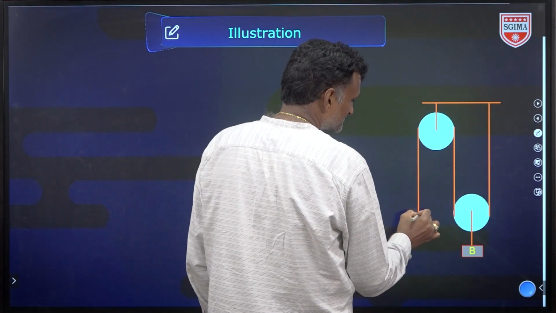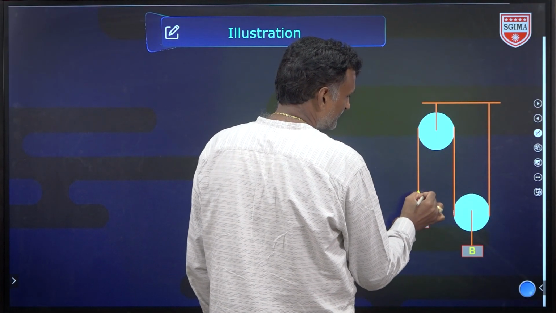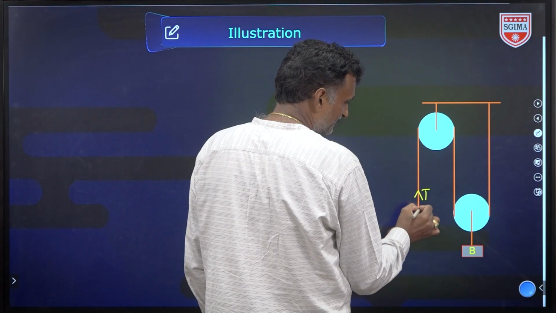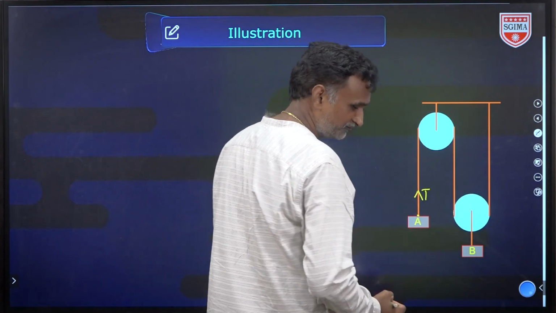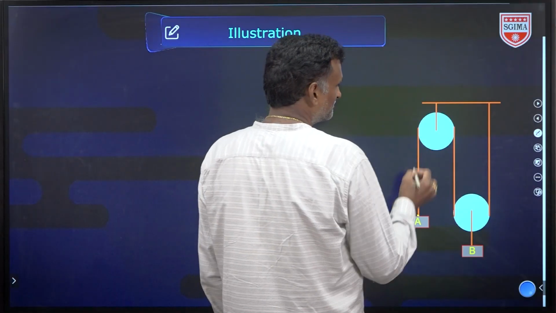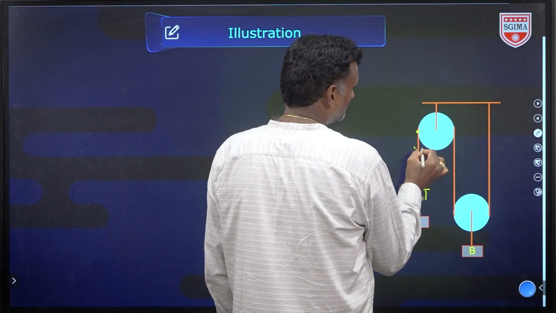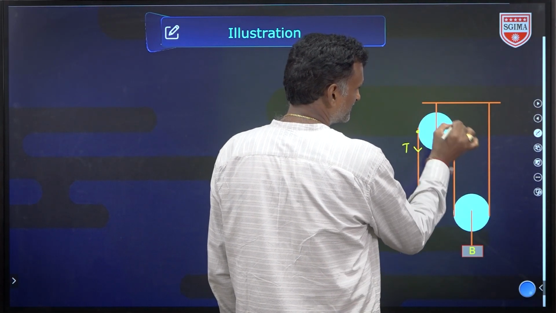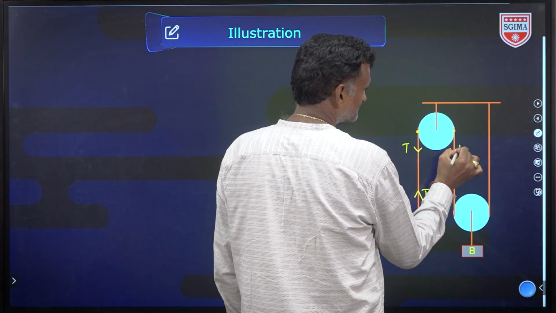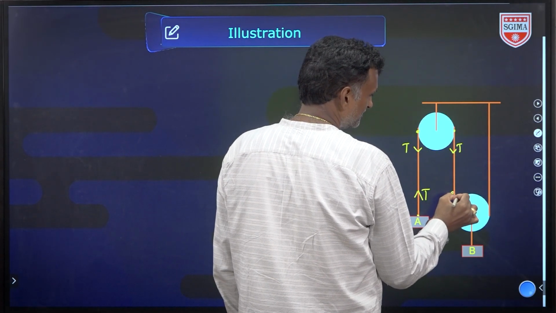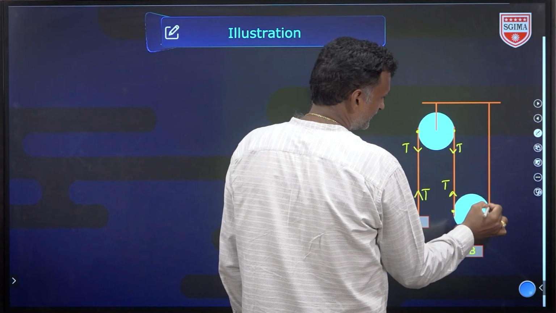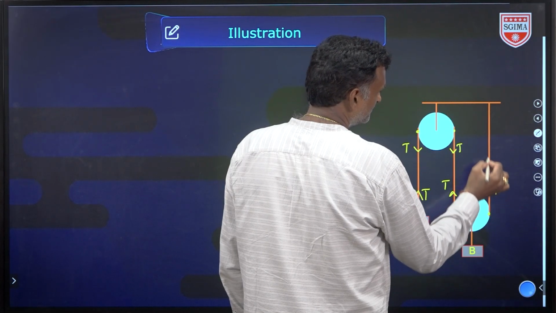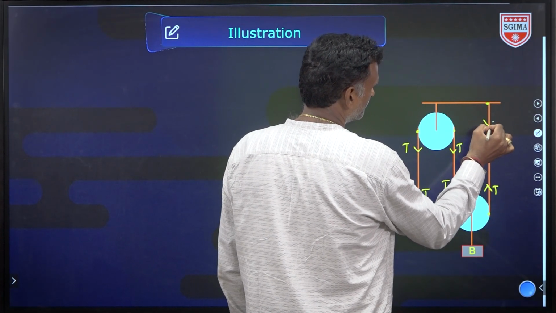So I am taking tension T acting upward, because it always acts opposite to the point of contact, right. So here at this point, downward, the same tension transfers. Here it is downward, here it is upward, again here it is upward, here it is downward.